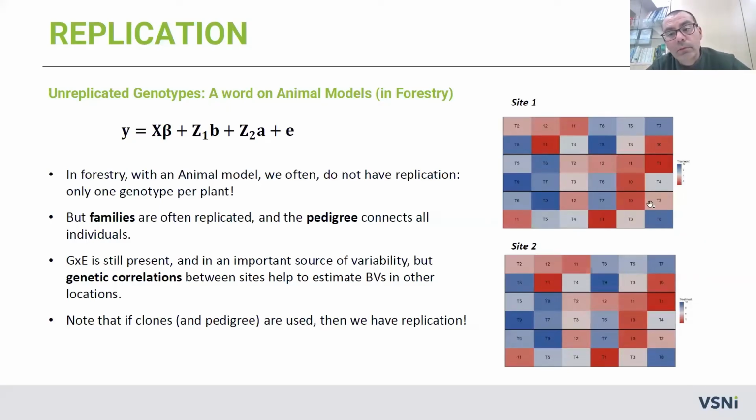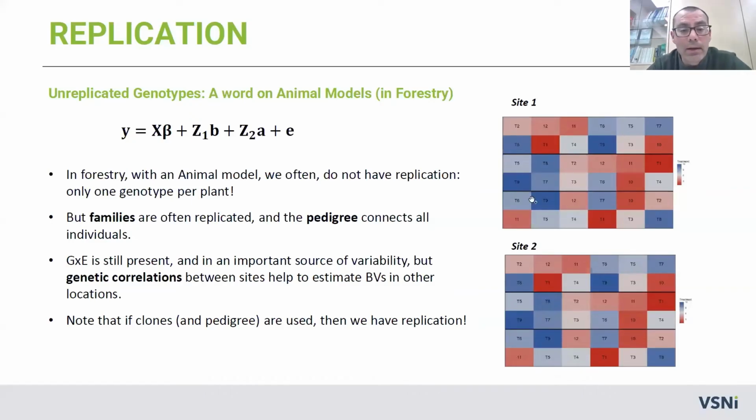Because we don't replicate, particularly in forestry, where one seed represents one of these genotypes, they're not identical, and that's still fine. And we have used that for generations, really, in animal breeding models to separate it. So unreplication in this case is not a problem. You can have the replication as clonals, and that's going to be great.